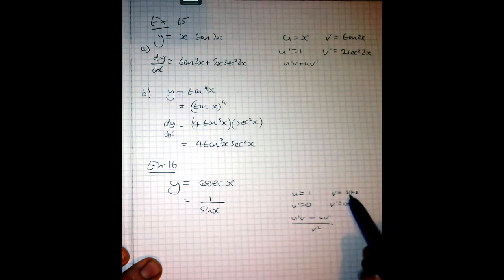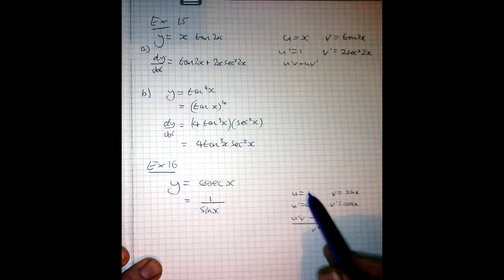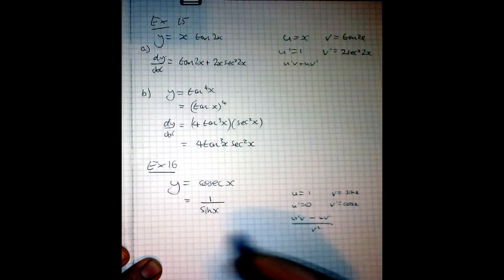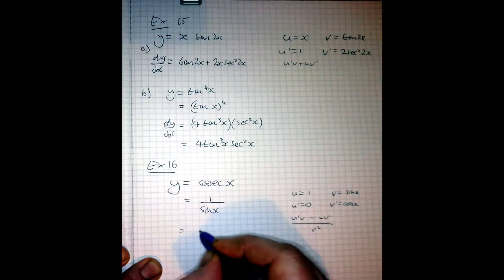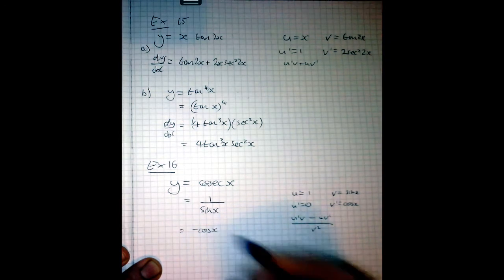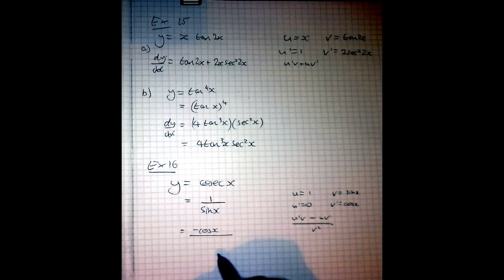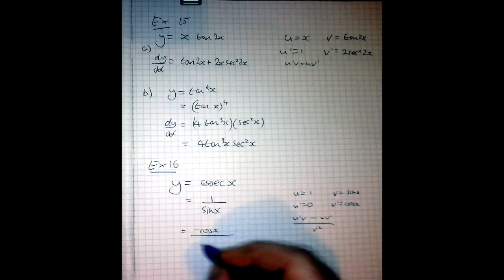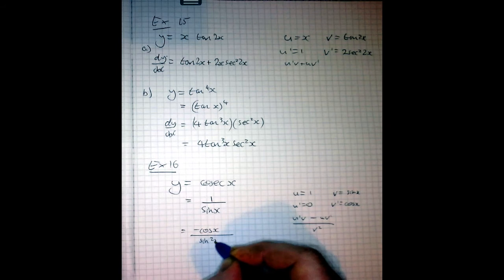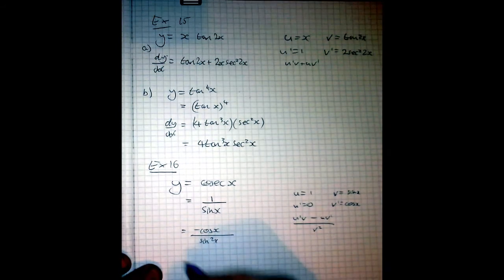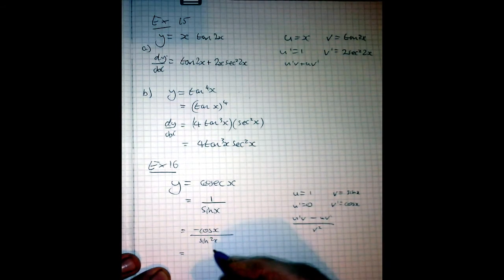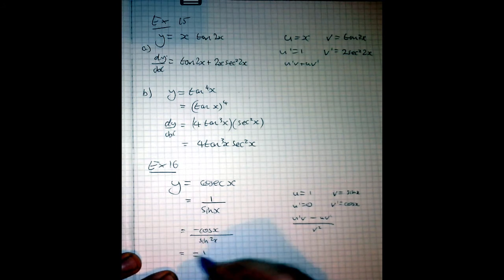Well, that's the same as minus 1 over sine x times cos x over sine x, which of course is minus cosec x. Cos over sine is cot, so you can see, there you go. Cos over sine is cot x. Done.